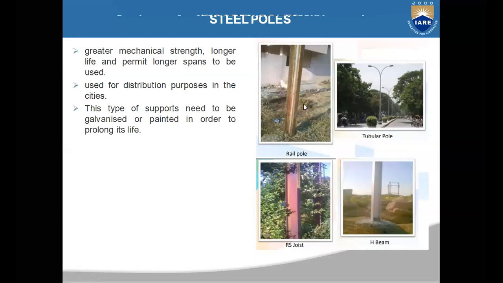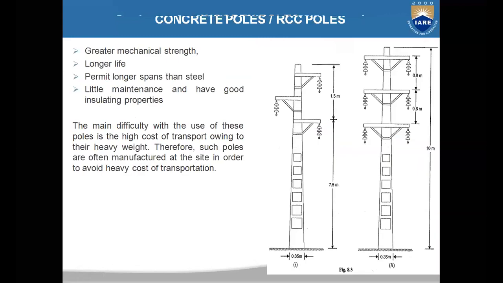And these steel poles need to be galvanized or painted in order to prolong their life, right? So that is about the steel poles. Then you will have concrete poles also, RCC concrete. Okay, I think you would have observed these concrete poles in your villages or cities, right?